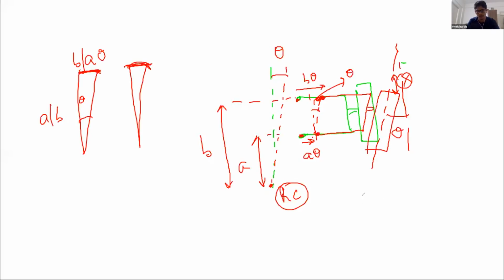So basically what happens is it becomes a parallelogram where this angle is theta and this angle is also theta. So your wheels get a camber angle of theta if your chassis rolls by theta, right?